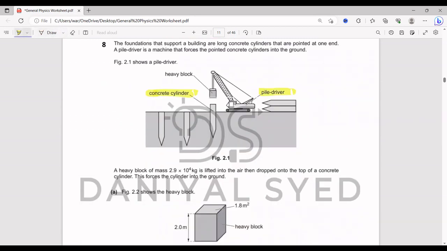You need to extract the information from the question by reading it carefully. This is the mass of the heavy block. Now, it's lifted into the air and then dropped onto the top of the concrete.